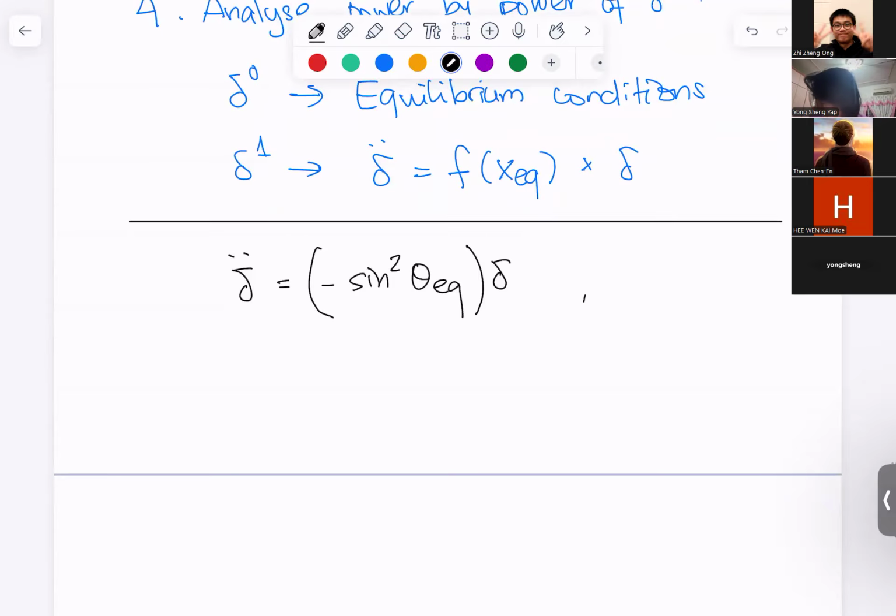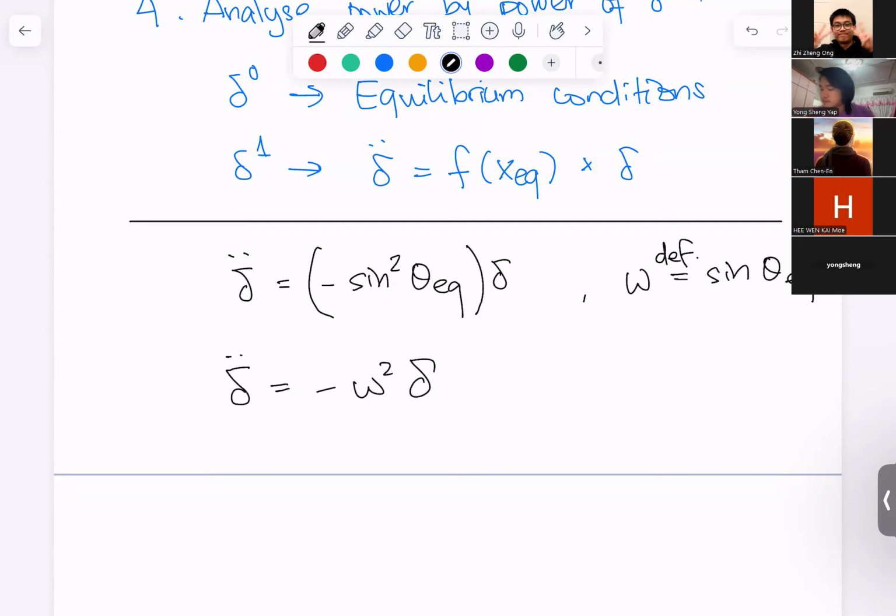Let's define this thing as omega, just as a definition, so that we can write it in a more convenient form. For the next hour or so, we're going to analyze what this equation of motion for the displacement from the equilibrium point is trying to tell us.